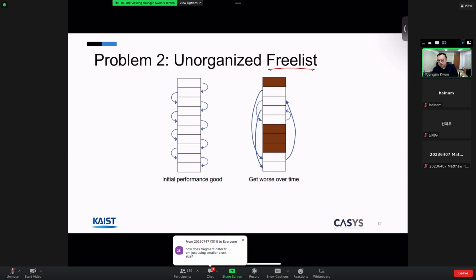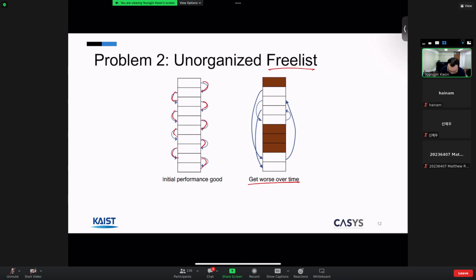However, using FreeList allocation, initially you can search for the next blocks by traversing this FreeList. But as the system ages, it can become fragmented.